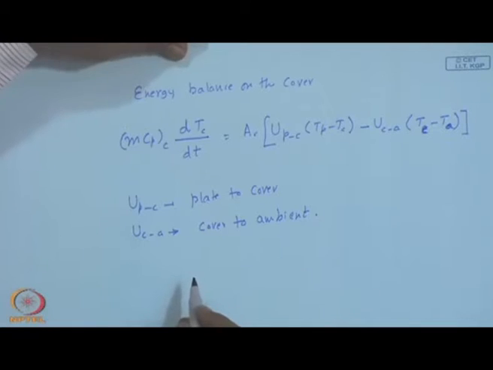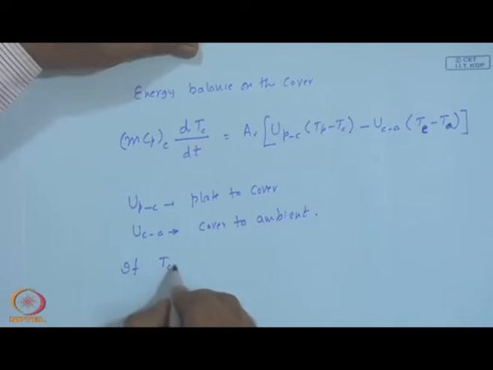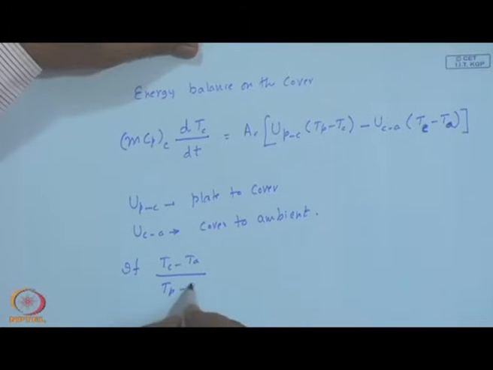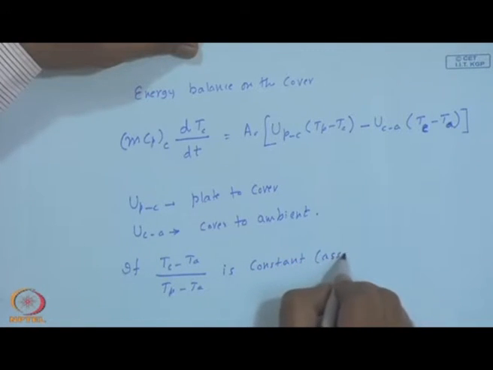Now, of course, these are two simultaneous equations for T p and T c. One can solve them simultaneously, first order, not very difficult, but a great simplification occurs if (T c minus T A) upon (T p minus T A) is constant, assumed.